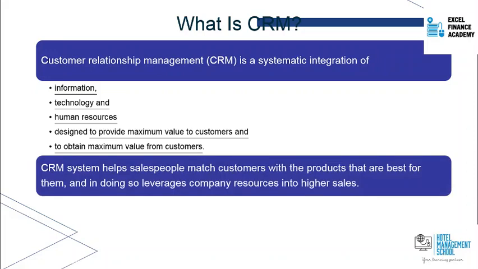Now CRM helps salespeople match customers with the products that are best for them, and in doing so leverage company resources to achieve higher sales. There is one more dimension. CRM also helps to match the right salesperson with the right customer. Not every salesperson is suited to deal with every customer.